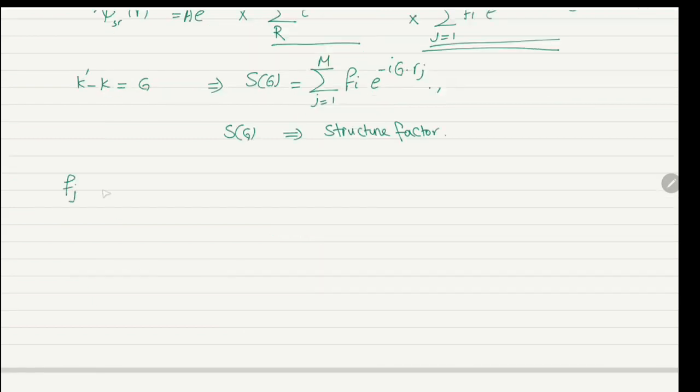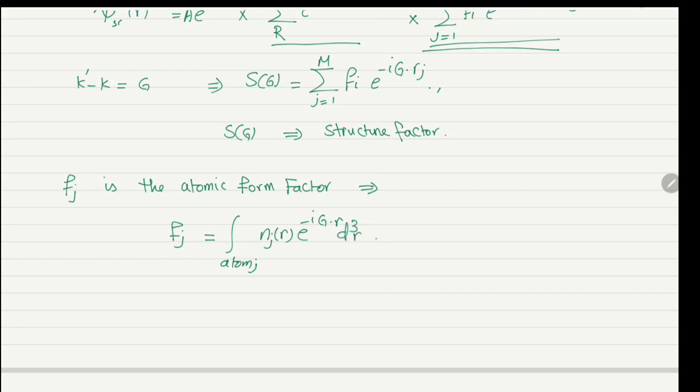And f_j is the atomic form factor, which is defined as f_j equal to the integration over atom j of n_j(r) e to the minus i G dot r d cubed r, and n_j is the number density of electrons in atom j, and the origin of coordinates for the integration is taken to be the center of the atom.